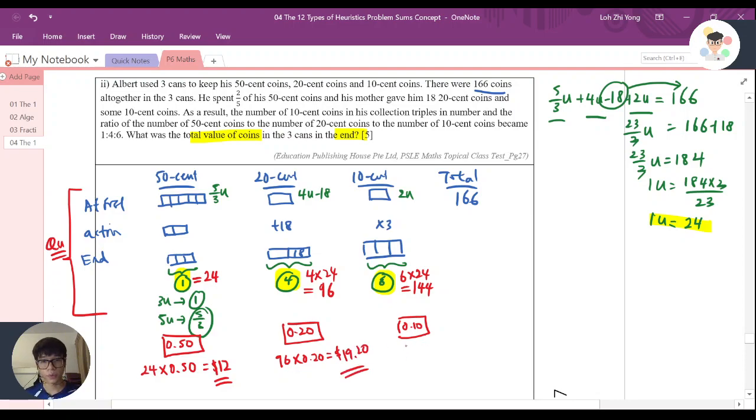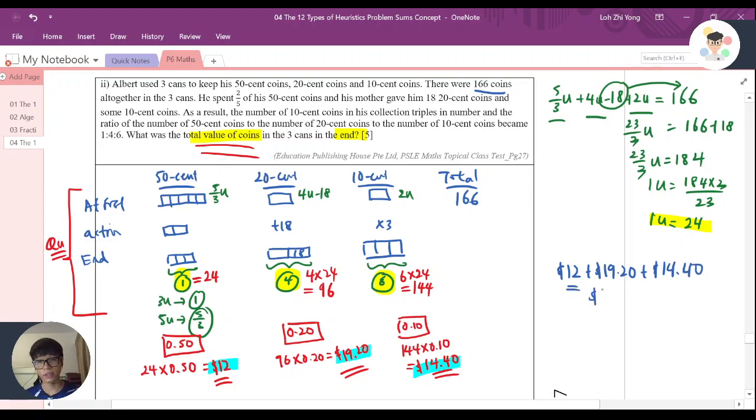And here, 144 times 0.10 will be $14.40. Now they are asking for the total value, so we need to add all of this: 12 plus 19.20 plus 14.40. And our final answer here is $45.60. And we are finally done with this question.